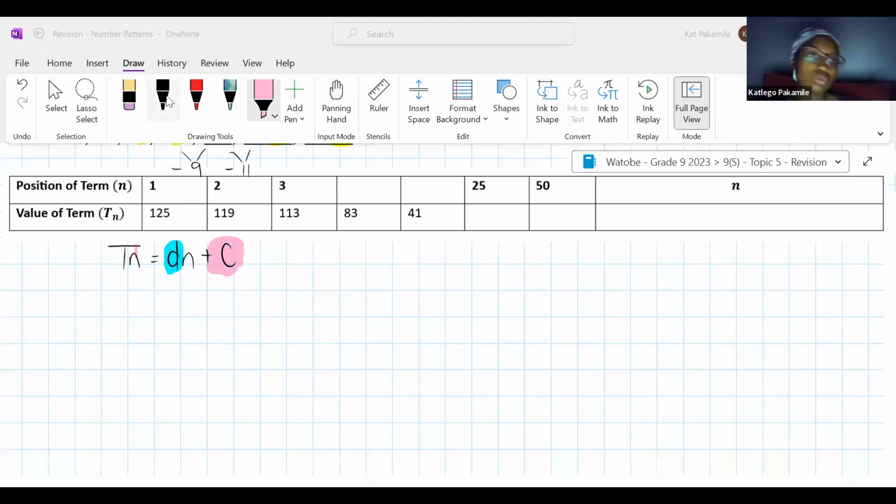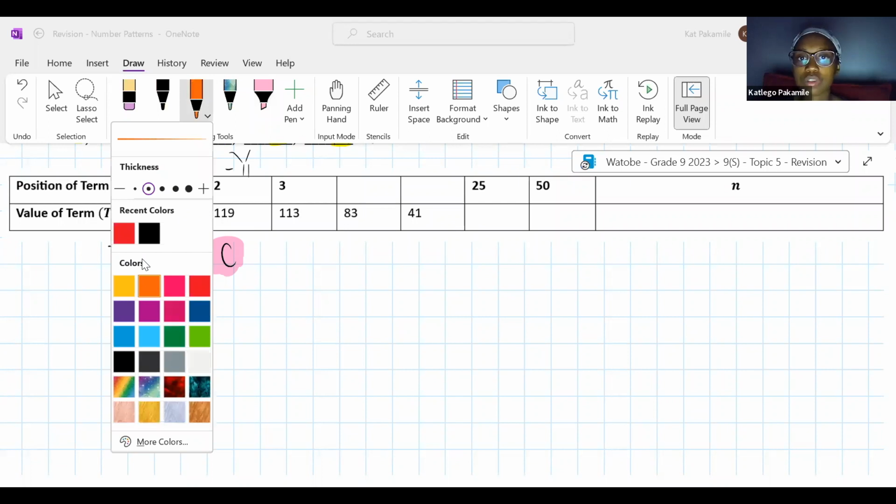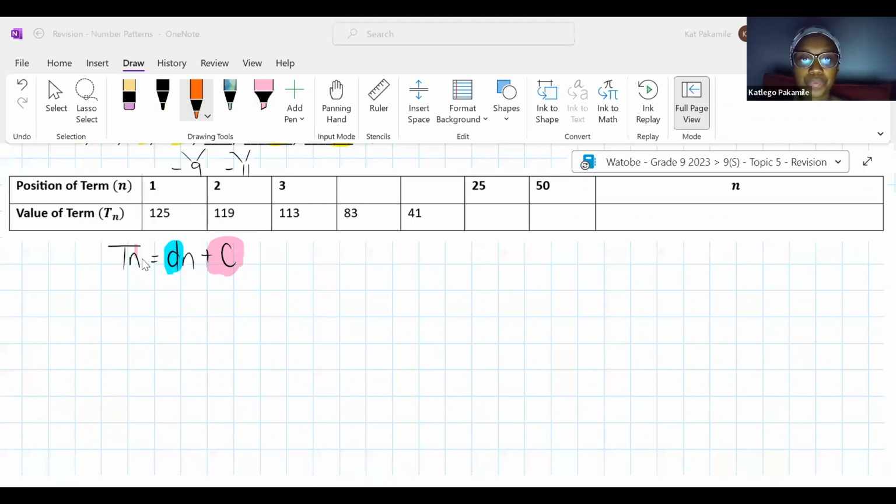So how do I find the constant difference? Somebody help me out. How do I find my constant difference, guys? Tammy can't be the only person answering in this class.